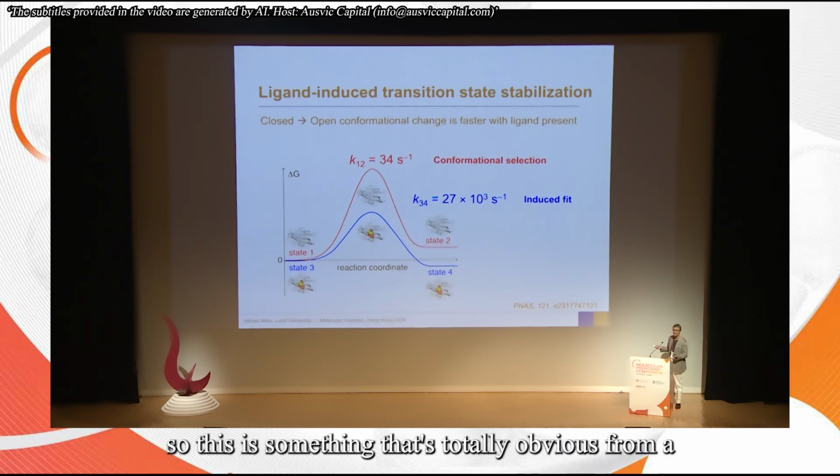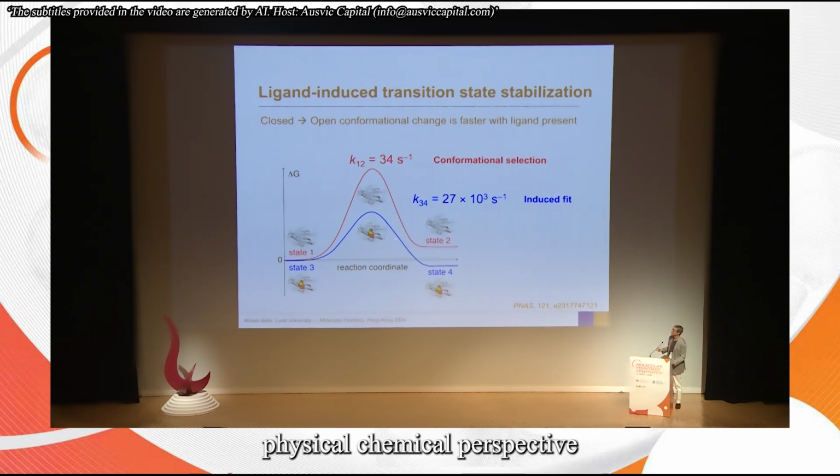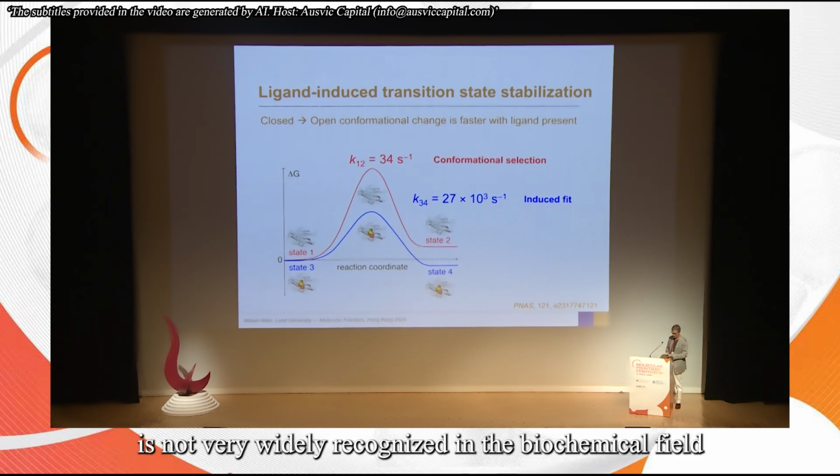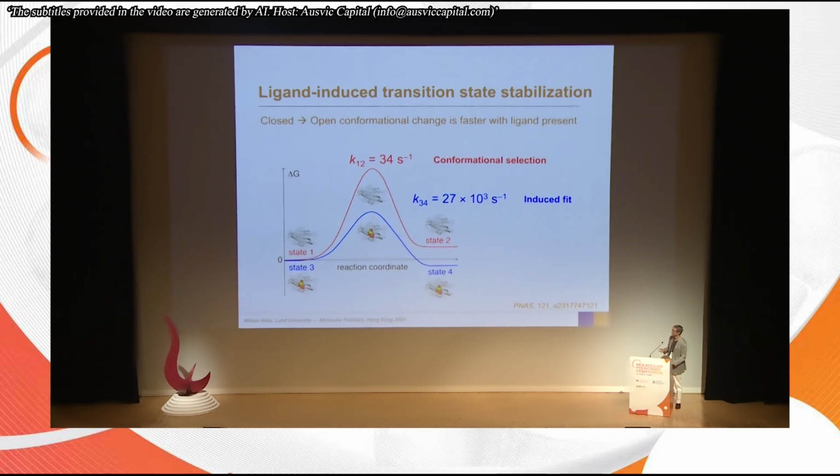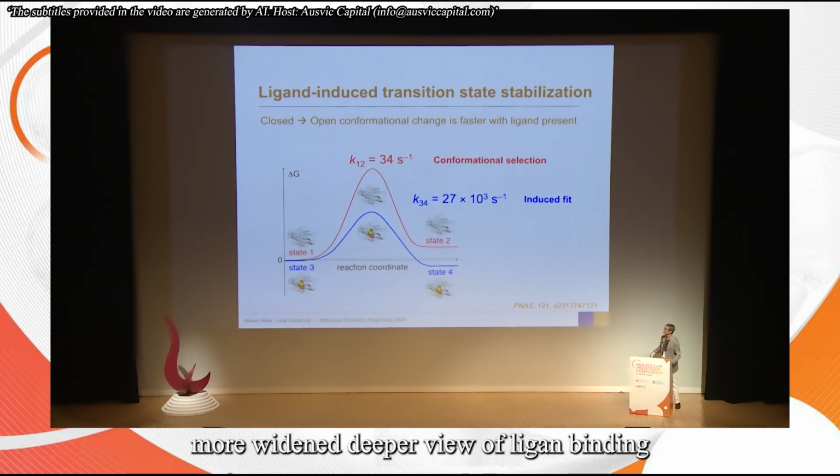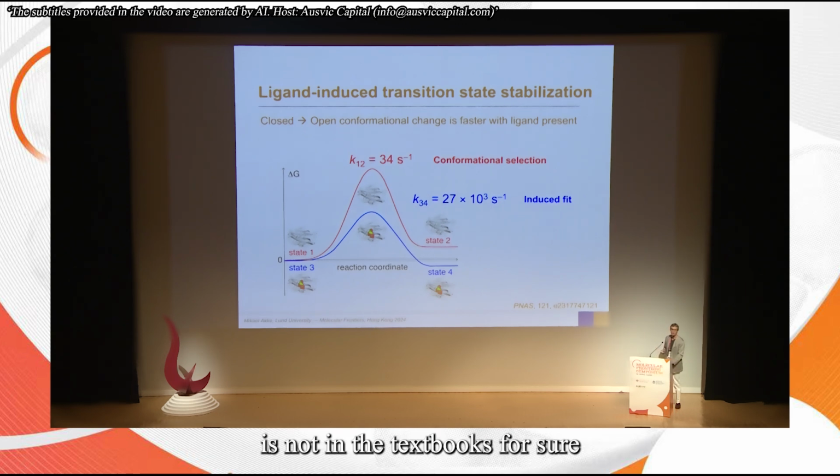So this is something that's totally obvious from a physical chemical perspective. You would expect this to be the case, but it's probably something that is not very widely recognized in the biochemical field. And this kind of wider, deeper view of ligand binding is not in the textbooks for sure.